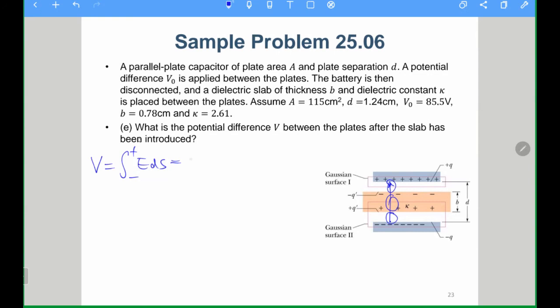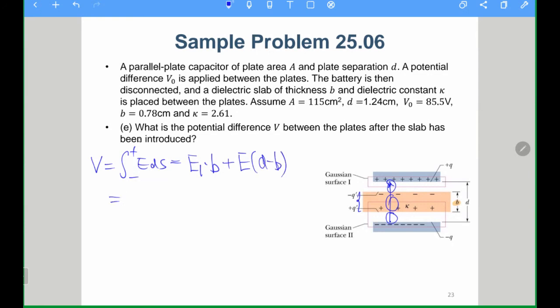So it is E1 times b, because inside this region the height is b, plus E times the outside part, whose height is d minus b.